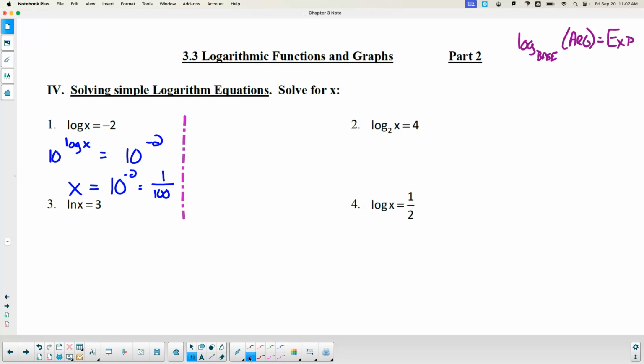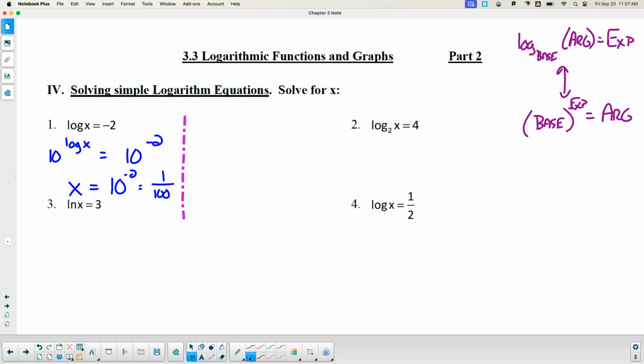That's the same as base to the exponent equals the argument. Okay? Which you learned last year in your algebra class. So you can switch forms with it.